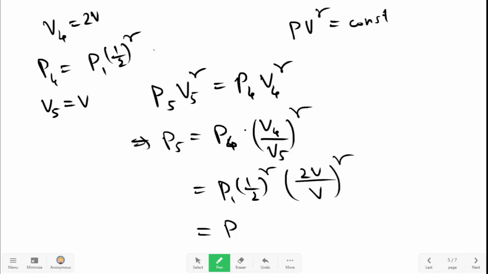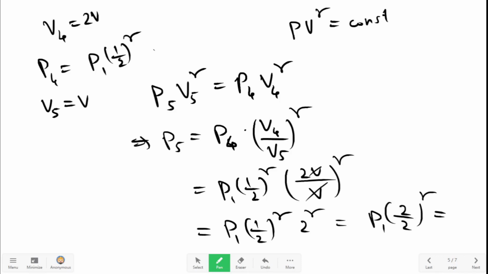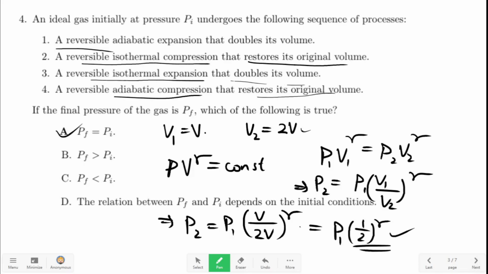So this is equal to P1 into (1 by 2) raised to gamma, 2 raised to gamma. This is equal to P1 into (2 by 2) raised to gamma, which is equal to P1. Therefore we have P5 is equal to P1, which means final pressure is equal to initial pressure. So the correct answer here is option A.